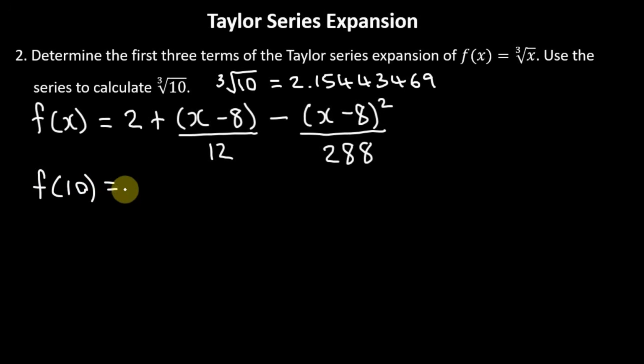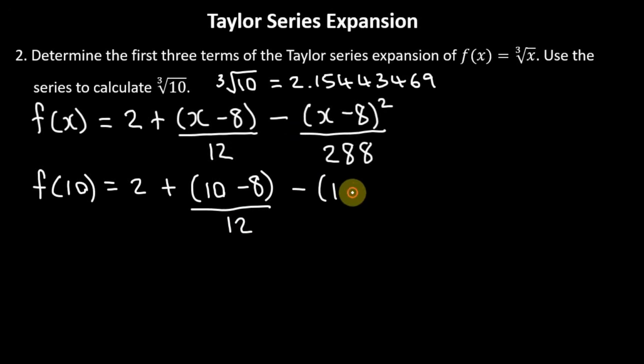So we have f of 10 is equal to 2 plus, wherever we have x, we replace the x with 10. 10 minus 8 over 12 minus 10 minus 8 raised to the power of 2 over 288.